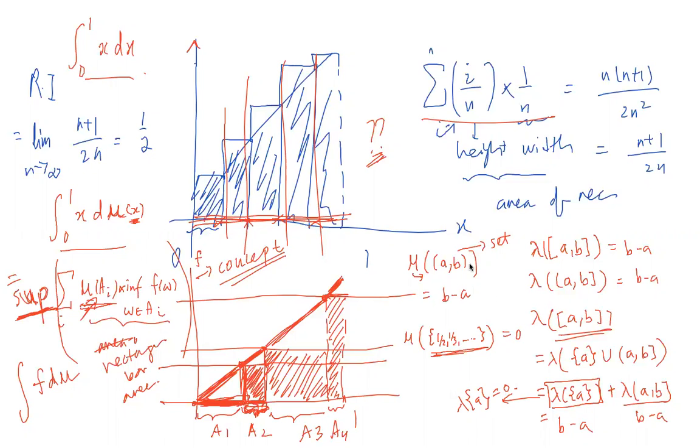So it depends. When you put a measure here, it will depend on the content of your set. It need not always be an interval. The measure need not always be equal to the length. It can be something else. It can be 0 if your set is actually countable.